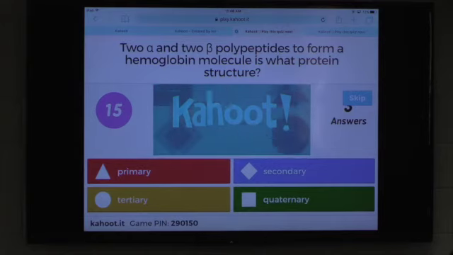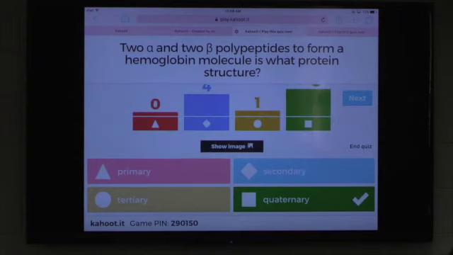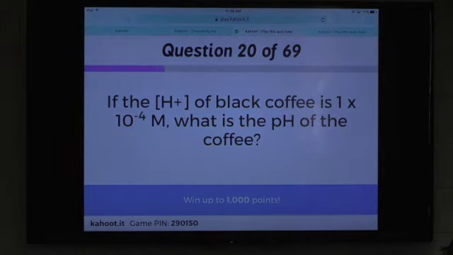I mean, not just that, it's some of it. Remember, it's going to have 2 alpha, 2 beta. That's going to be 4 subunits. Quaternary structure. So only when we talk about this, a quaternary structure.